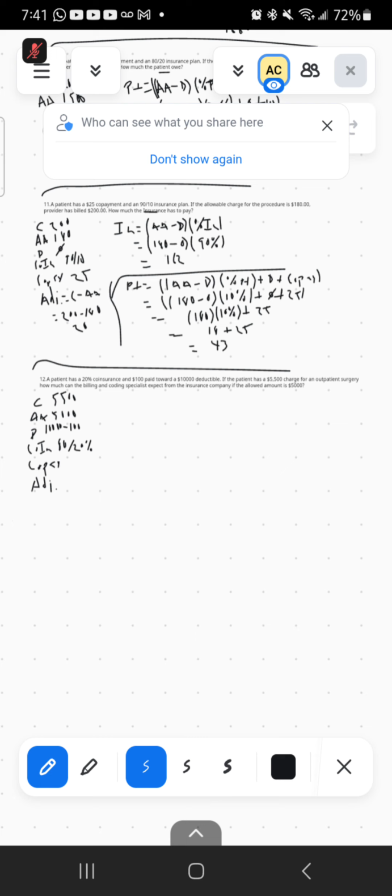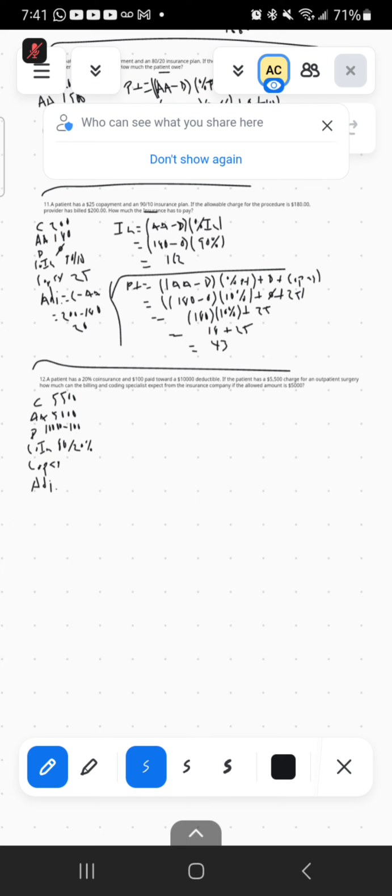It doesn't matter. Yeah, that was a typo, but you can still answer it. It was meant to be $1,000, but that's not what it says. It says $10,000. So let's do it with $10,000, because that's what it says there.